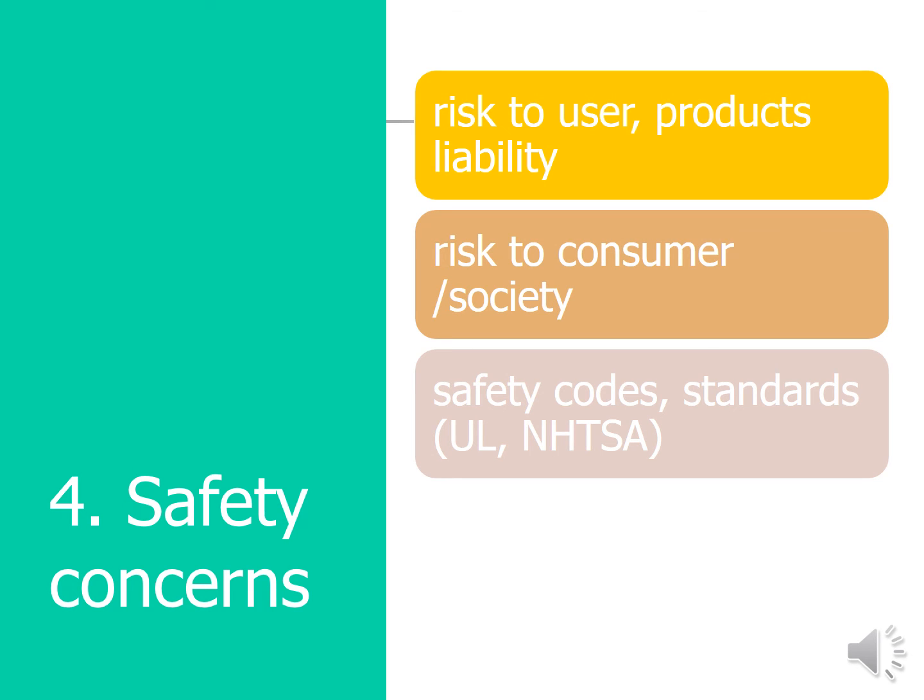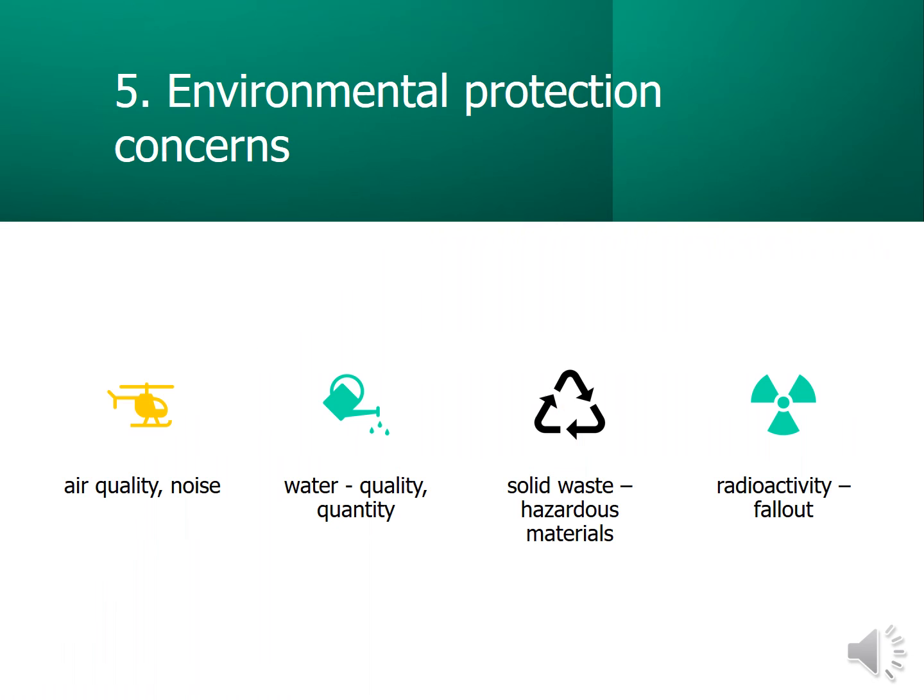For safety, we are concerned about risk to the user or product liability, risk to the consumer or society, and lastly safety code standards, UL, and some safety bodies like in Malaysia, SIRIM or Suruhanjaya Tenaga, and so on. Number 5, environment protection concerns the effect on air quality or noise, water quality and quantity, solid waste, hazardous material, radioactive and fallout.